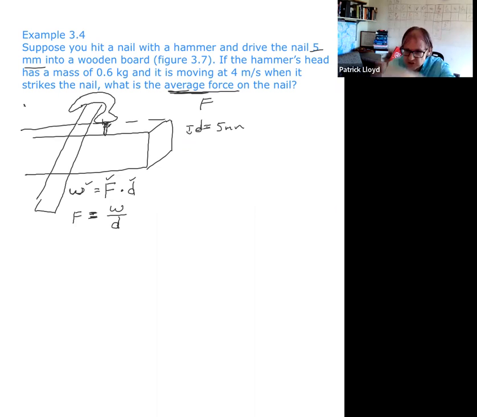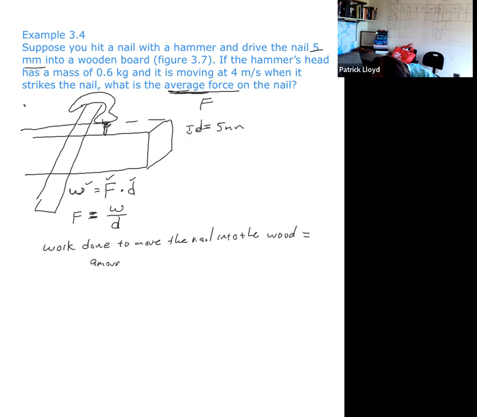That's the amount of energy it can transfer into the nail. So we're going to claim that the amount of work done to move the nail into the wood is equal to the amount of energy the hammer transfers into the nail.